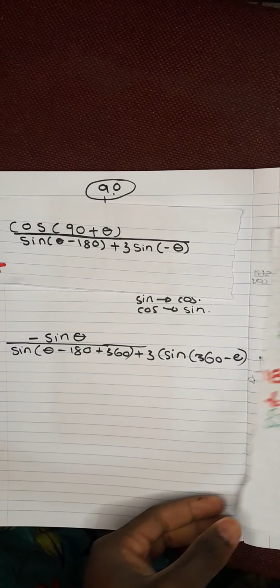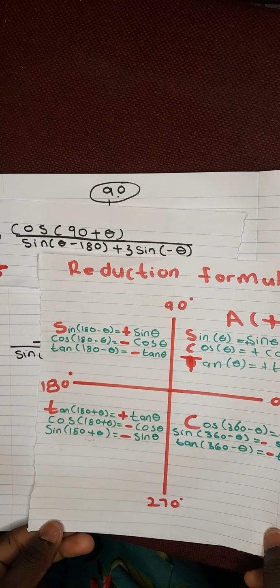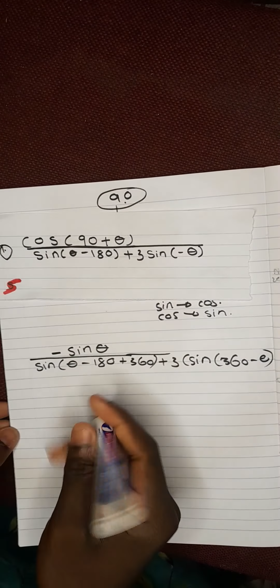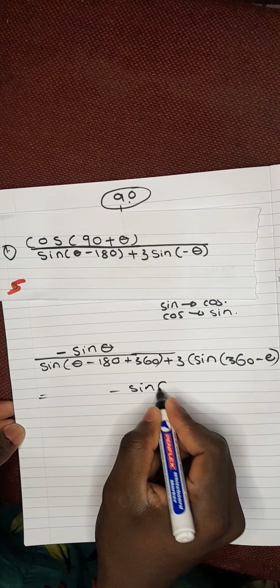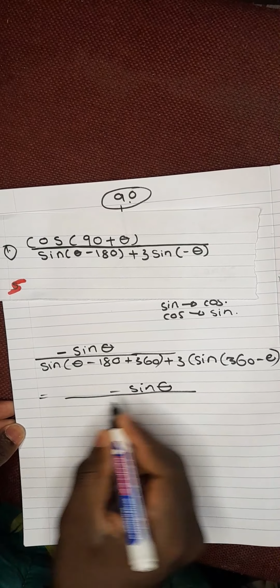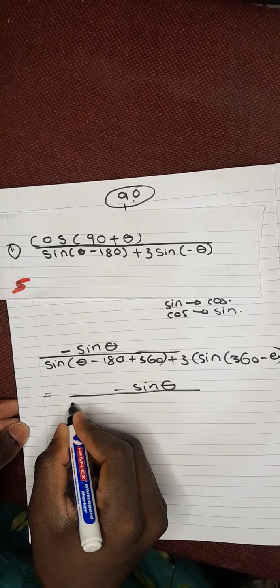Now we can bring in our CAST diagram, our reduction formula. I'm going to have negative sine theta over sine.